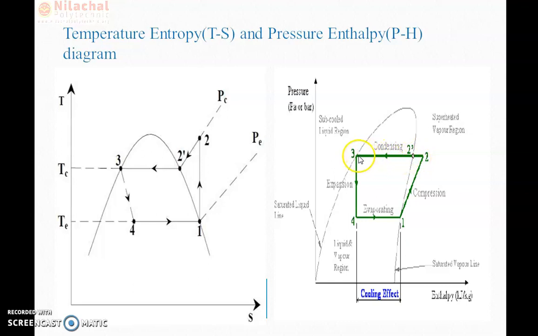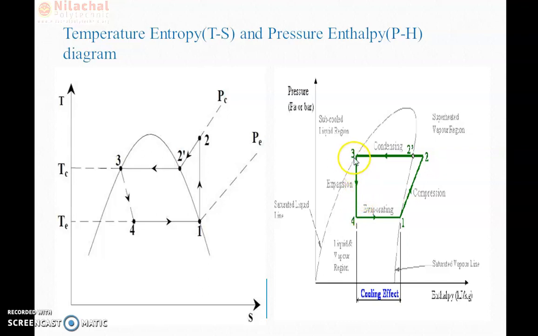Then the last process is the expansion valve. The expansion valve device you are using in the 3 to 4 process. What is the process name? The process name is isoenthalpy expansion process. Isoenthalpy expansion process means enthalpy is constant.